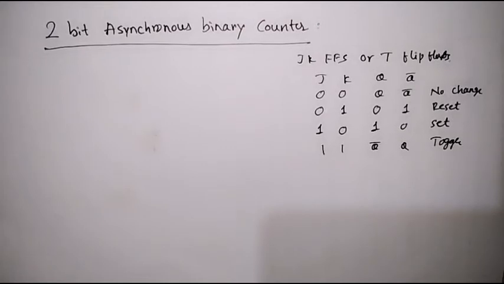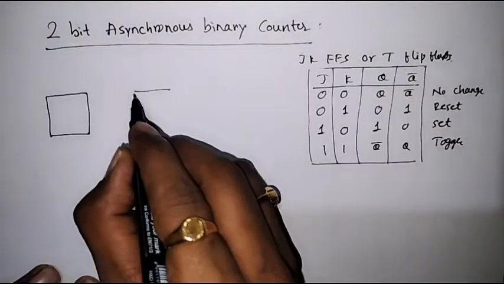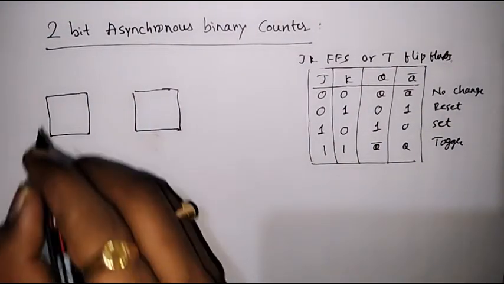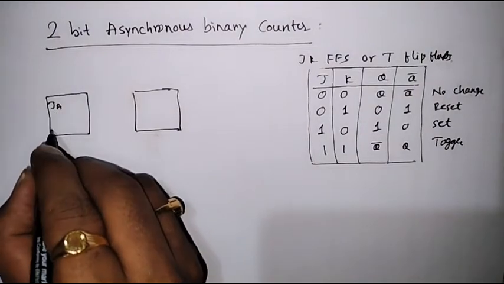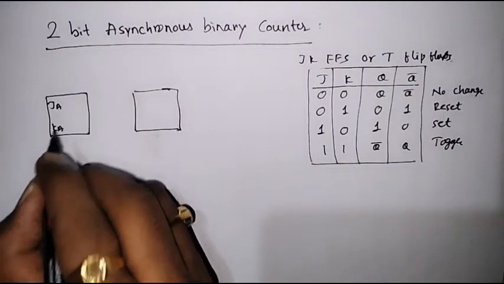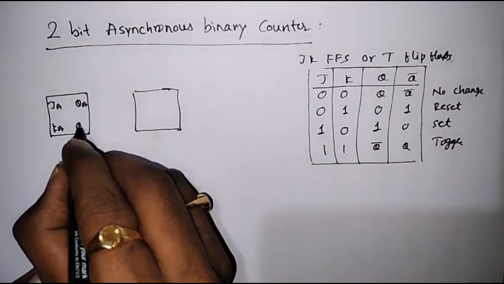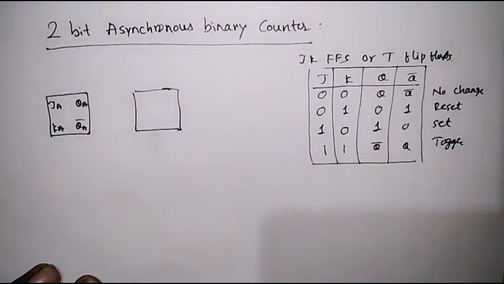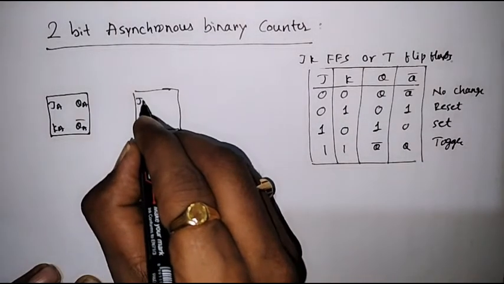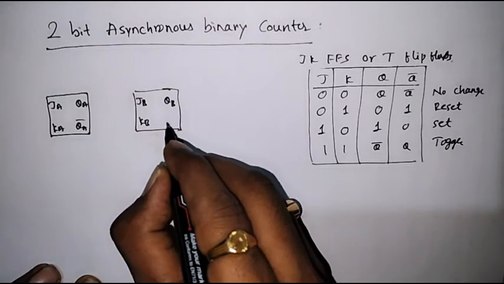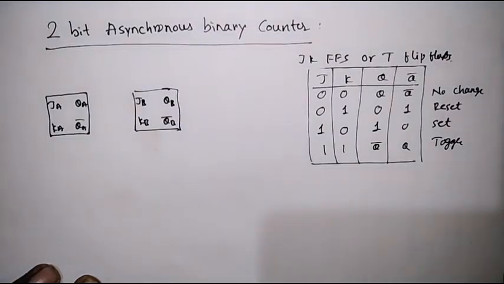Now let us see how to implement a 2-bit asynchronous counter with the help of JK flip-flop. This is the first flip-flop, I will call it JA, and the output of the first flip-flop I will call QA and QA bar. Similarly, I have the second flip-flop JB and its output I will assume QB and QB bar.